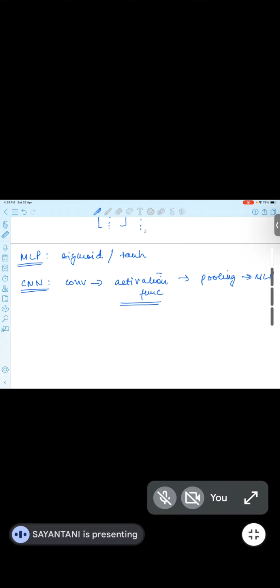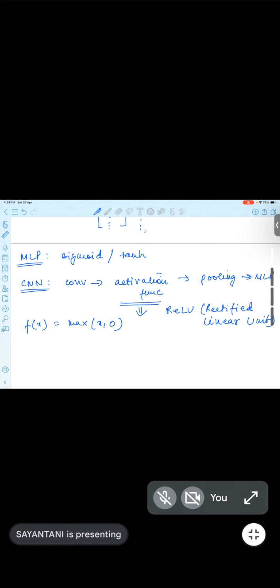Now, the activation function utilized in a CNN can be any activation function, but the popular one is ReLU, the rectified linear unit. What does the ReLU function look like? The function is max of x comma 0.